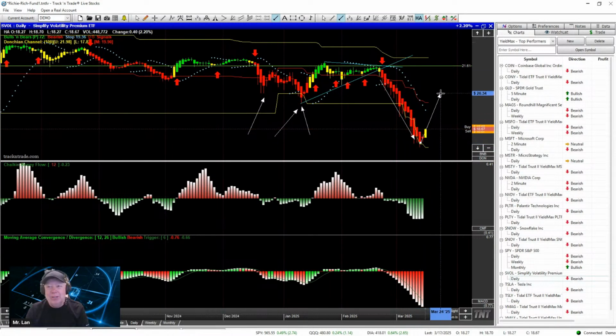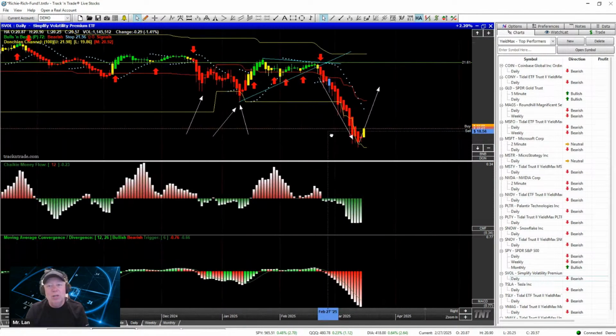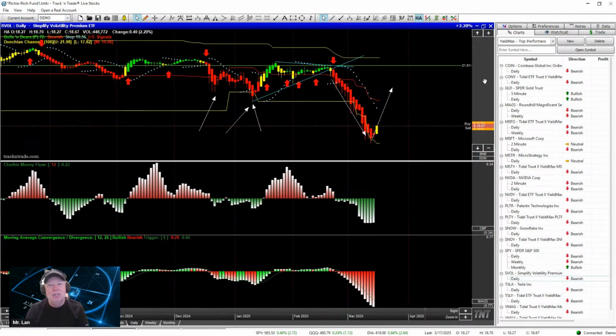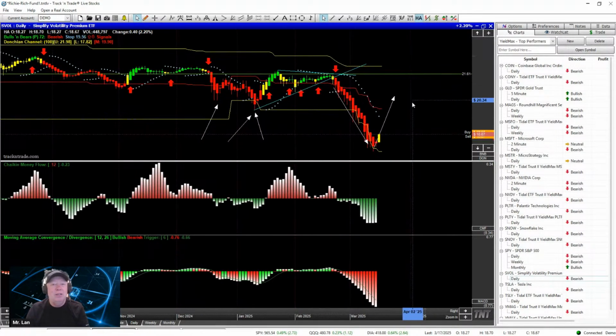So could it rebound and come back up? Yeah, if things start to calm down, that's what we're looking at, right? SVOL is just the upside down volatility, VIX turned upside down. VIX goes this way, SVOL goes this way.